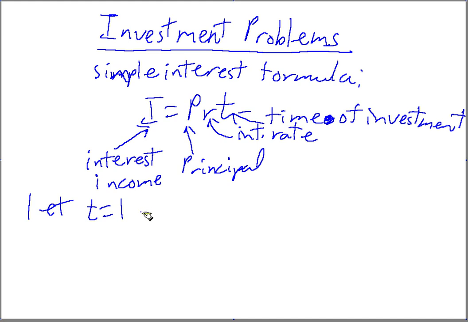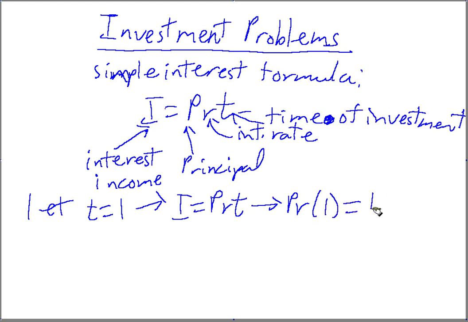So if that is the case, then this formula I equal to PRT is simply going to simplify to PR times 1, right? Which is, since T is 1, then that's just going to be P times R. Alright? So therefore, the interest income in an account is simply going to be the principal times the interest rate. Again, time will be for 1 year.